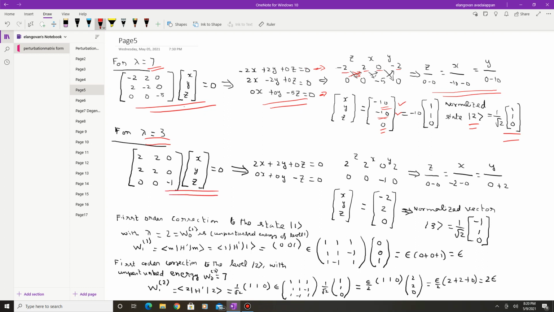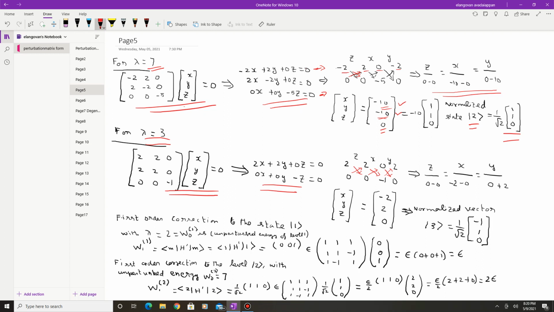So you write down this equation and use the same trick that you have used in the previous case. You multiply this one and this. So use the same trick, and then you can easily calculate x, y, z.